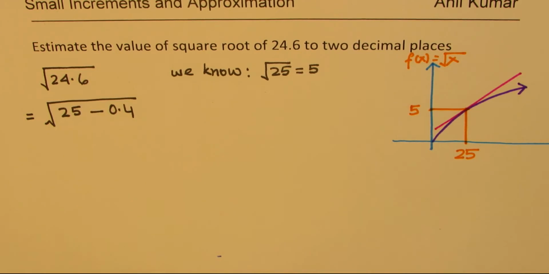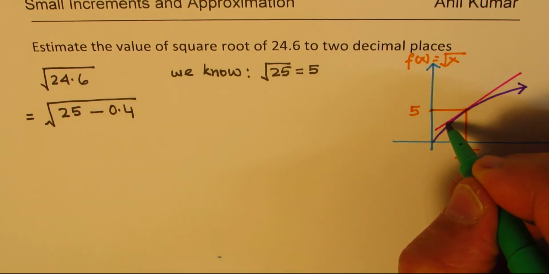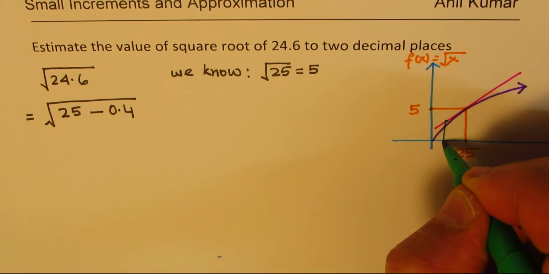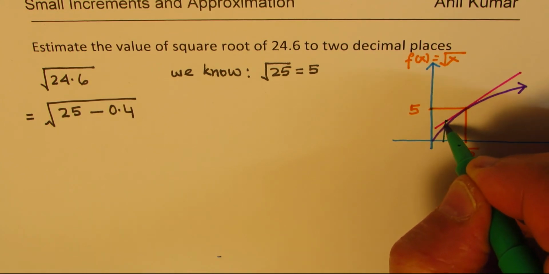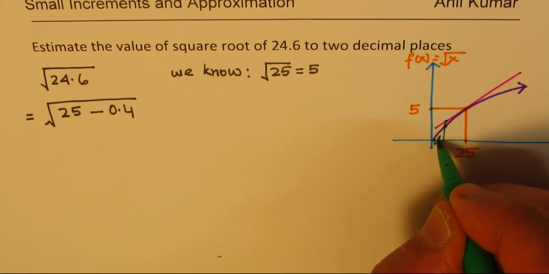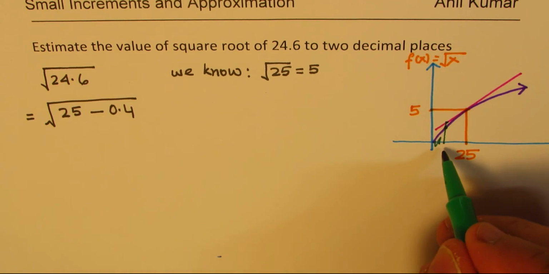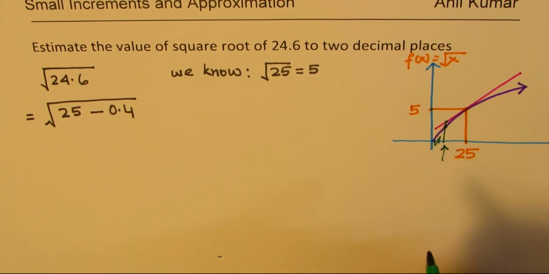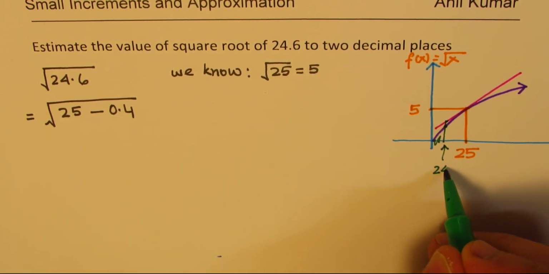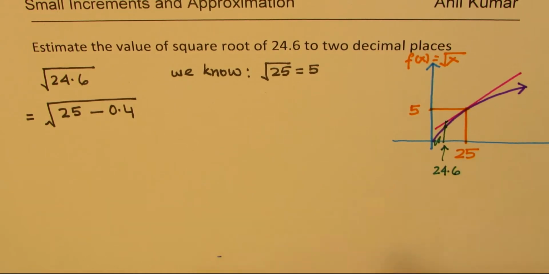Now, we are actually interested in getting the value which is slightly less. That is to say, we want a value here which is slightly less. Let's say this point, it's not very accurate. So we say this is our point of interest, which is 24.6. You get an idea, right?